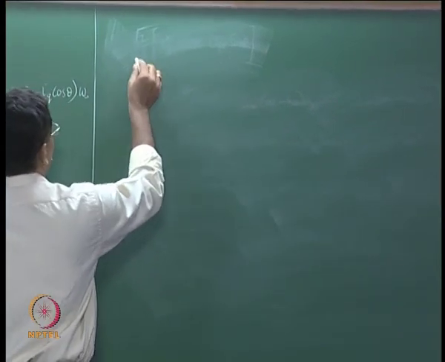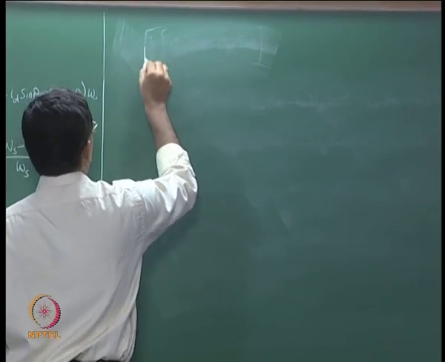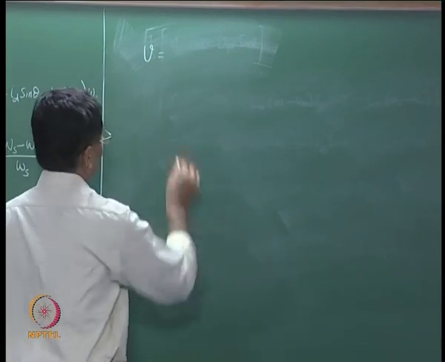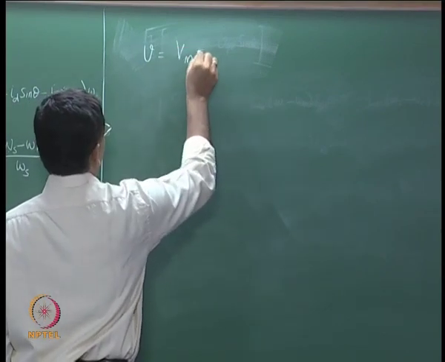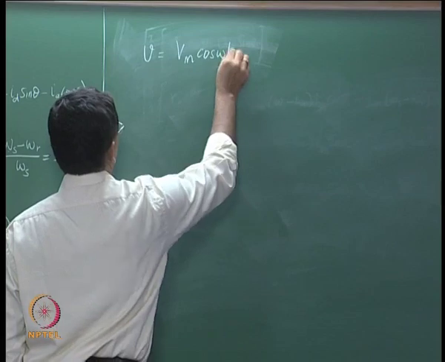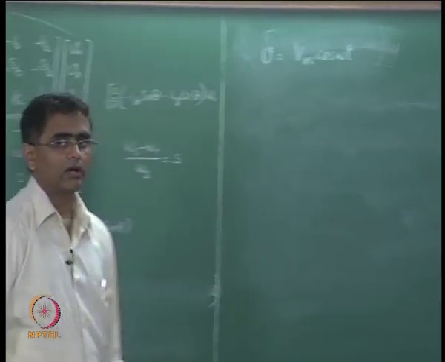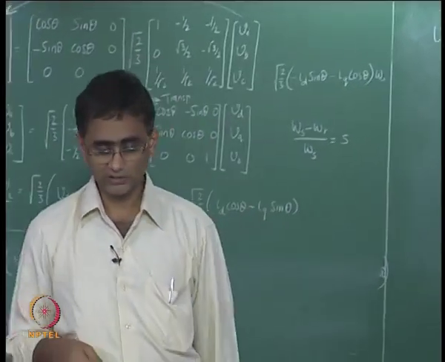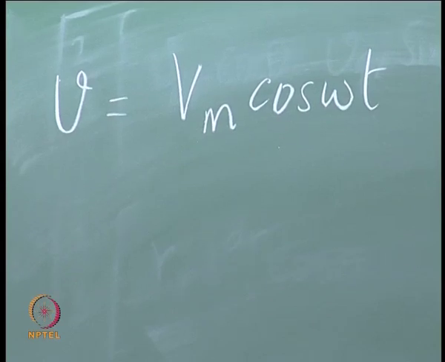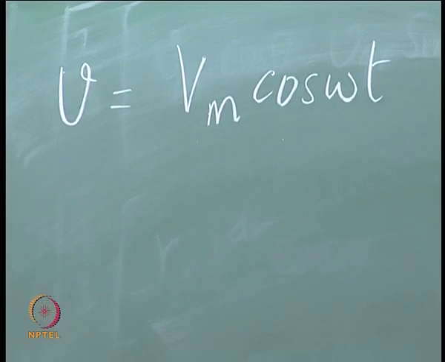Now if you have some variable V, let us say, equal to Vm cos omega t, and you want to represent this as a phasor, what do you do? This is considered to be a phasor.